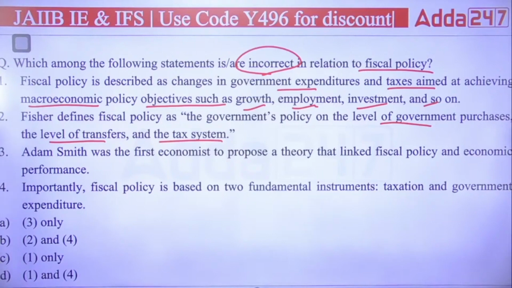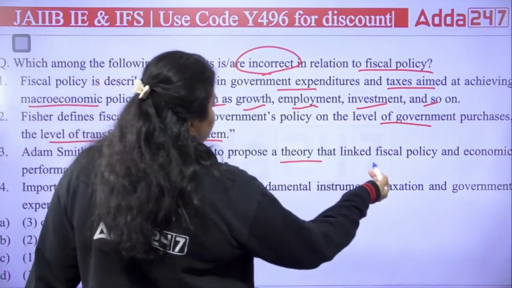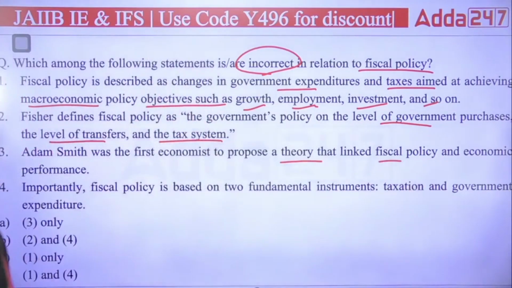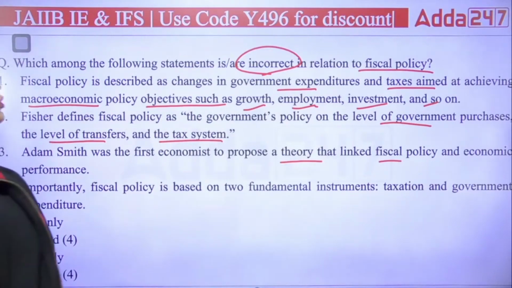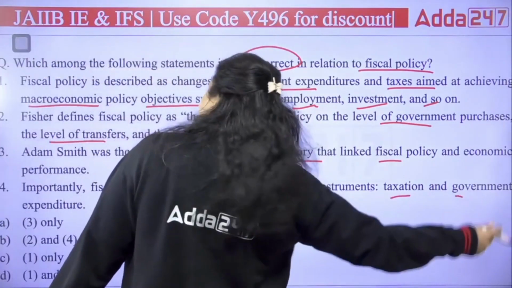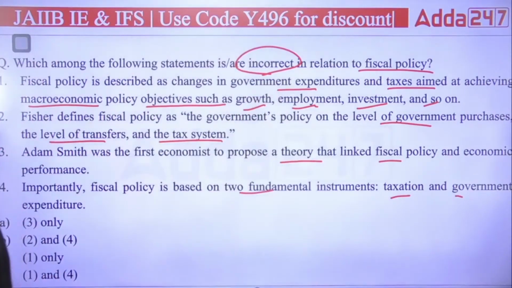Then, Adam Smith was the first economist to propose the theory linked with fiscal policy and economic performance. Then importantly, fiscal policy is based on two fundamental instruments, taxation and government expenditure. Which of them is incorrect? Out of these four statements, which statement is incorrect? And actually the answer is only third. Reason?